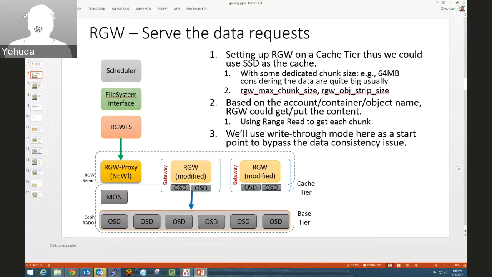Okay. But if you could send the metadata somehow to the gateways from RGW proxy, so that they don't need to read the head object, I think you can do it.